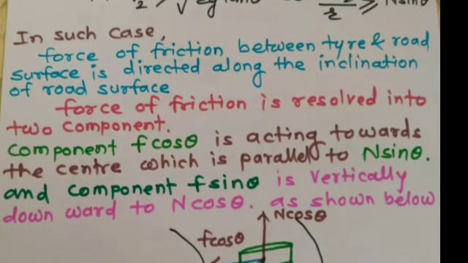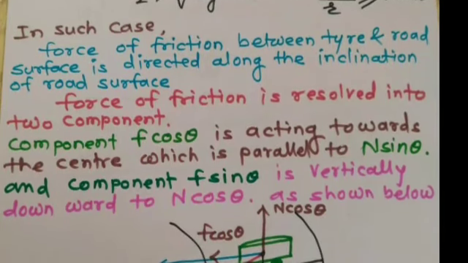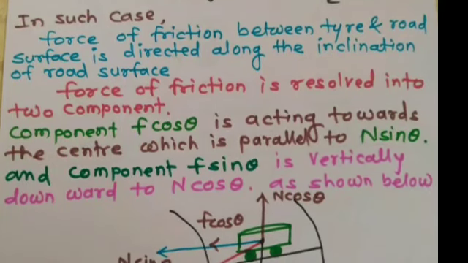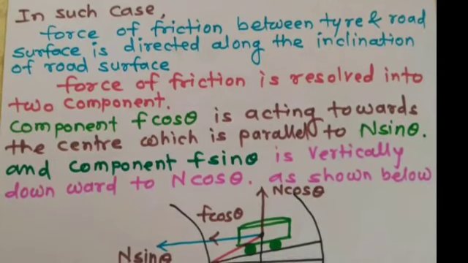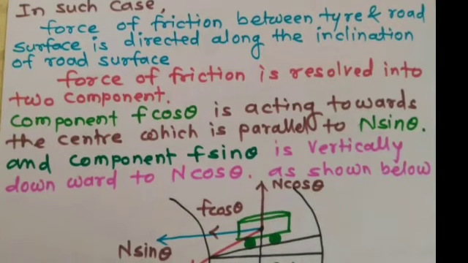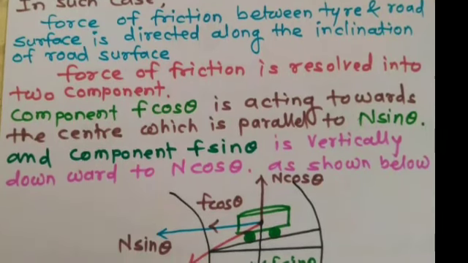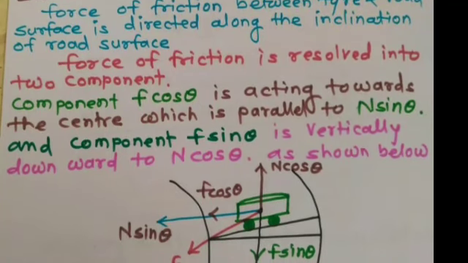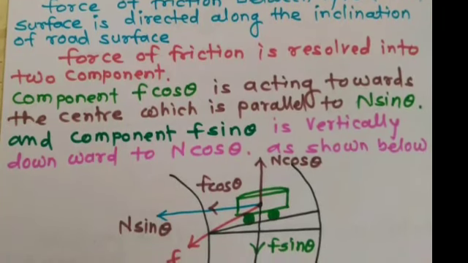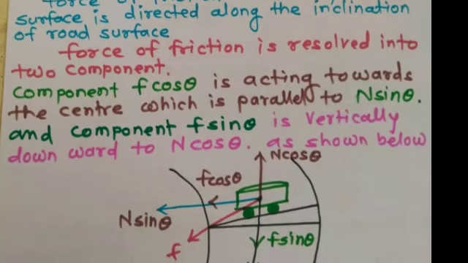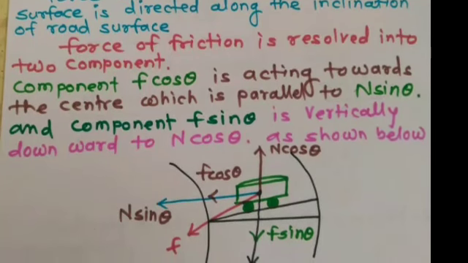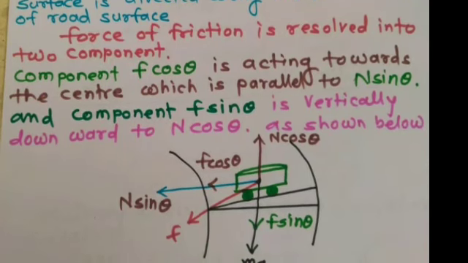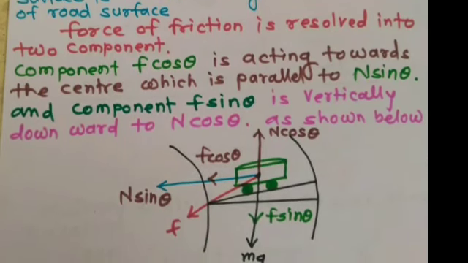So the force of friction is resolved into two components. Component F cos theta is acting towards the center, which is parallel to N sin theta, and component F sin theta is vertically downward to N cos theta, as shown below.